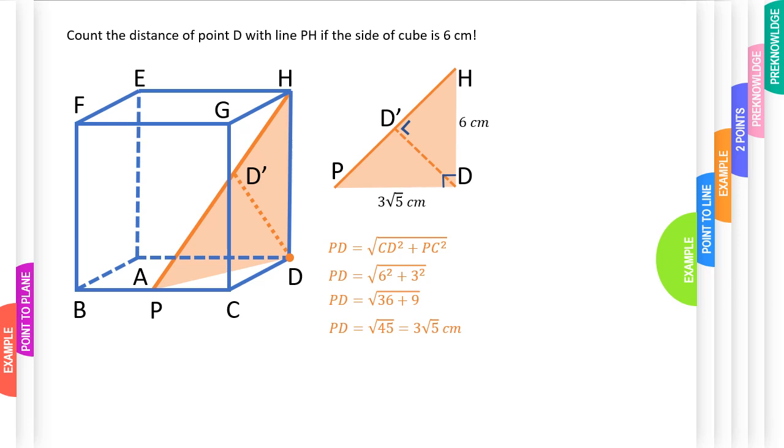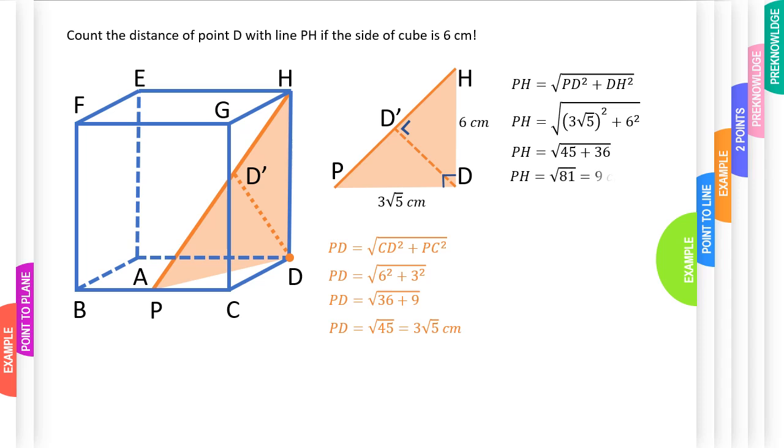Next, let's find PH by using Pythagoras theorem in triangle PHD. Based on its process, we know that PH is equal to 9 centimeters.